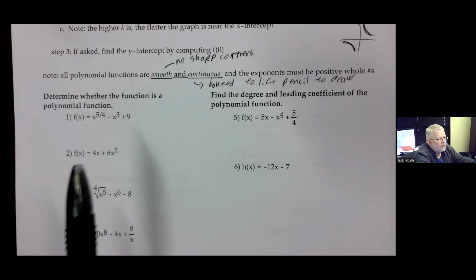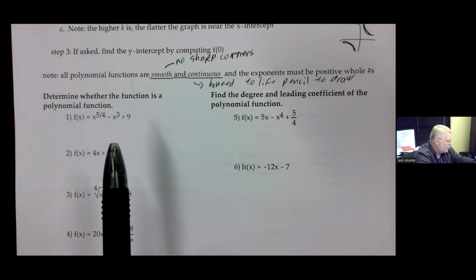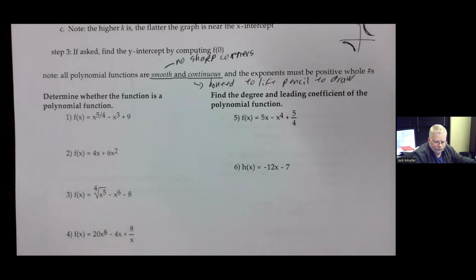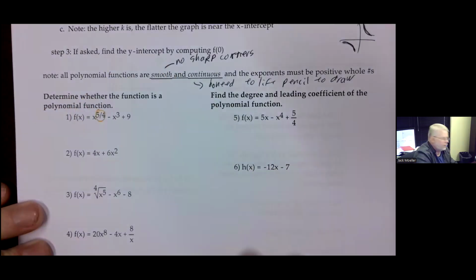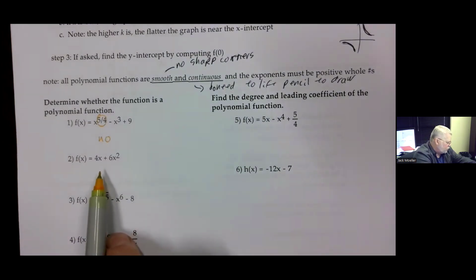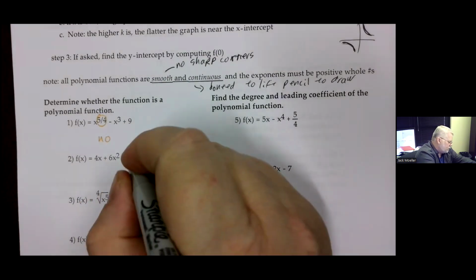So, basic questions. Is something a polynomial? When you look at this, is that a polynomial? Well, it has that fractional exponent, so no. Okay, what about number 2, 4x plus 6x squared? We're not doing anything weird with our x's, so yes.